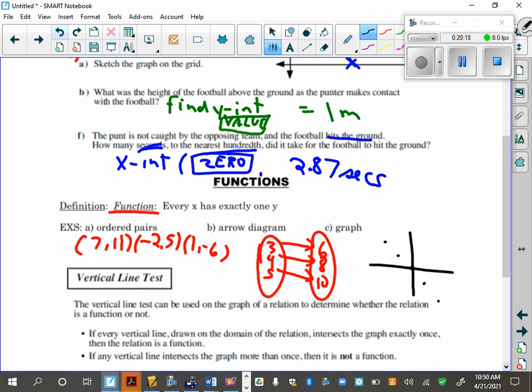The vertical line test is an easier concept to do as opposed to explain. But this does a pretty good job of explaining it.